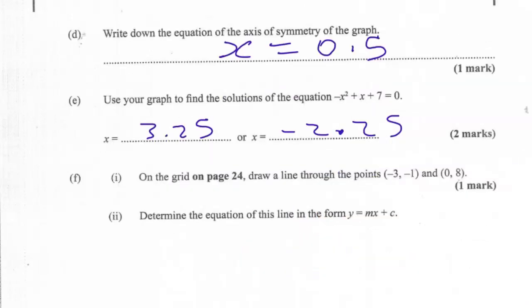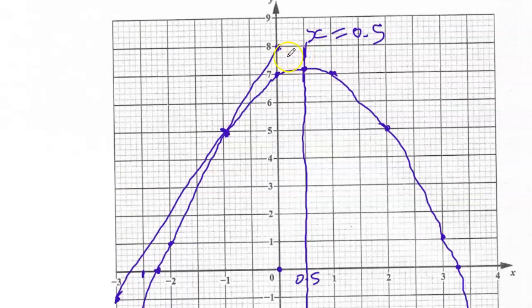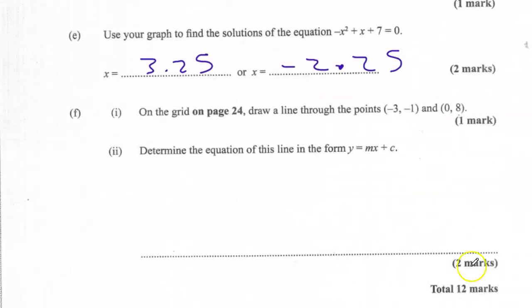Alright? So we need the gradient m. So we know the line cuts the y-axis at 8. So we know c is 8. So let's find the gradient m. We can find m equal to y2 minus y1 over x2 minus x1.